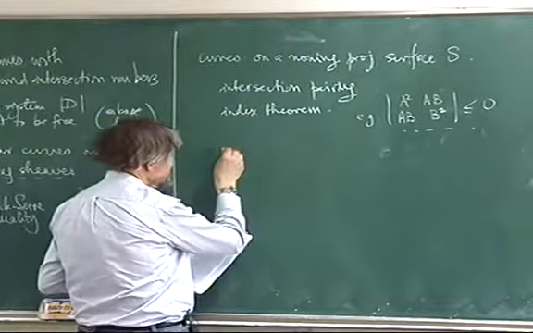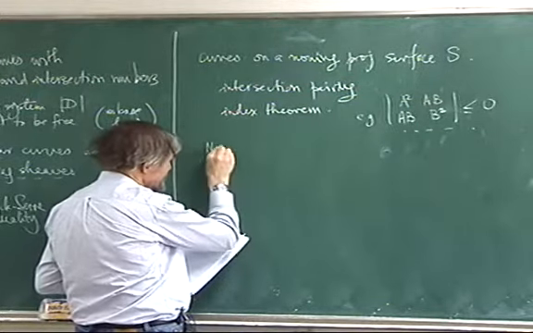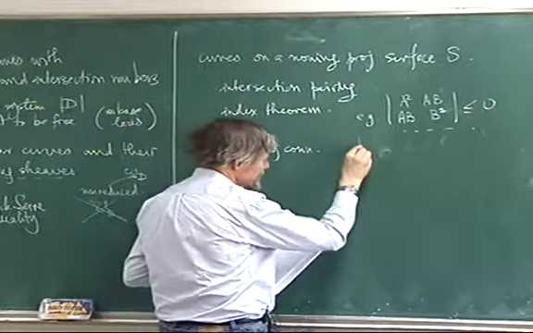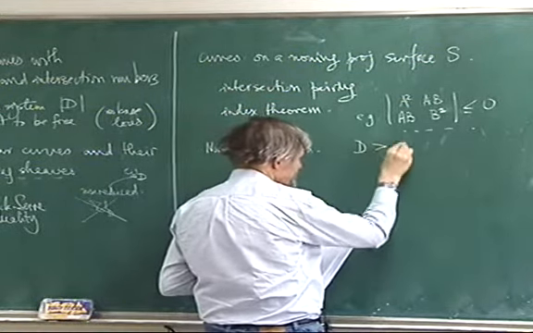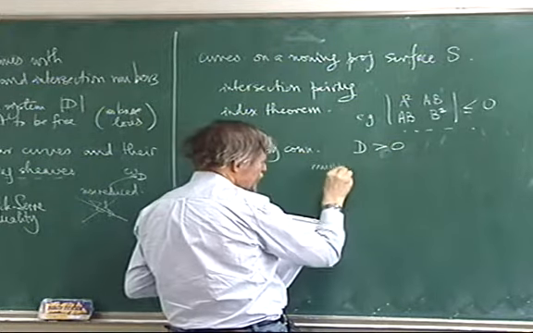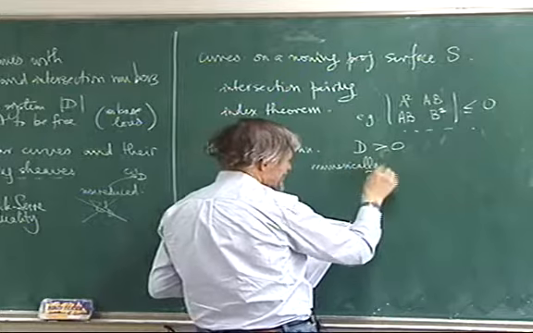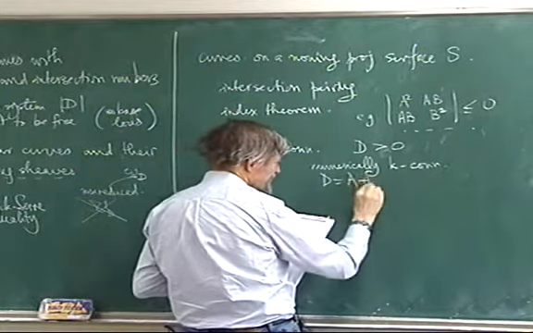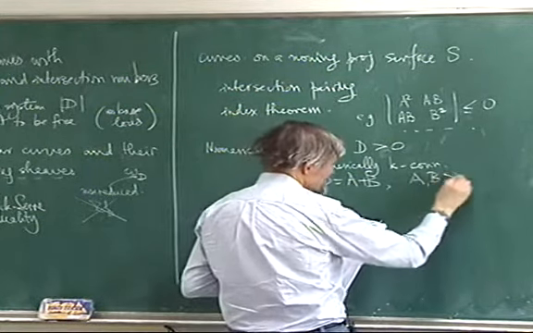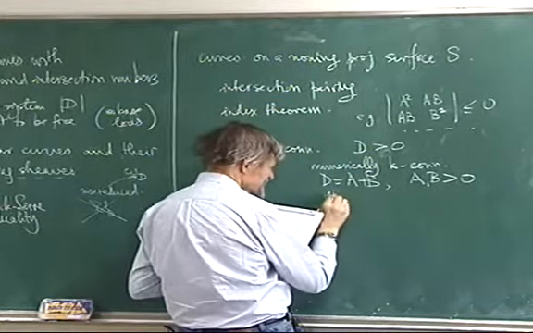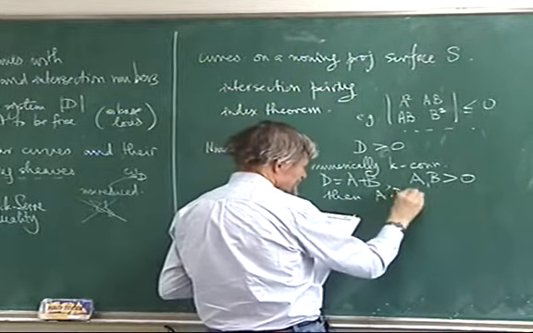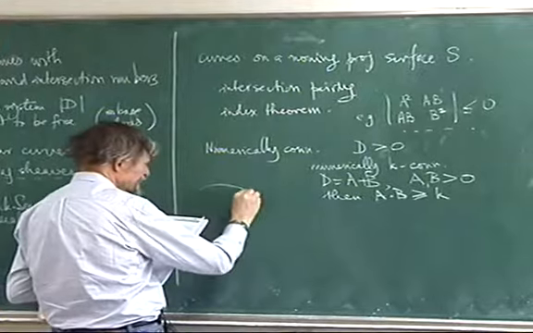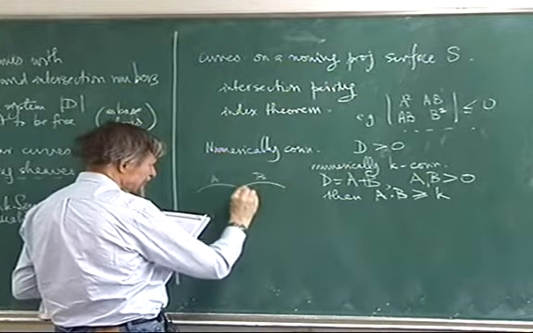And so I had these results about numerically connected. You'll remember the definition: D is an effective divisor, numerically K-connected, means that whenever I can write D as A plus B with A, B positive effective divisors, then A times B is greater than or equal to K. The thing we're trying to avoid is something like this: A and B meeting in only one point.